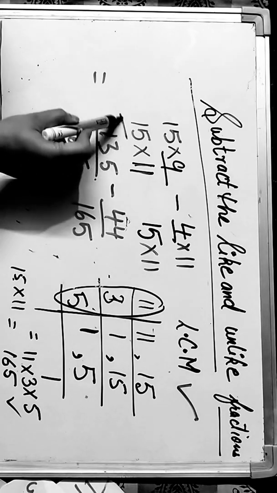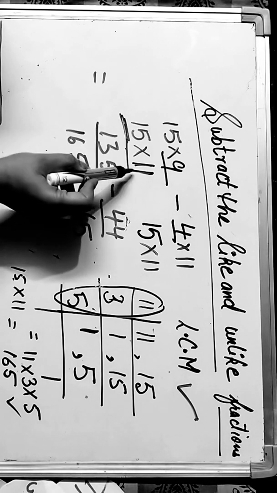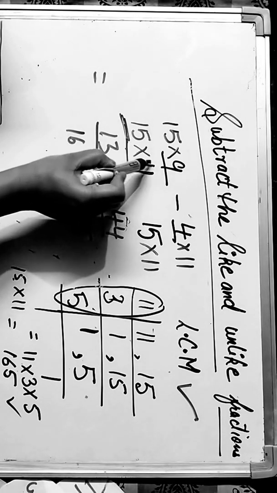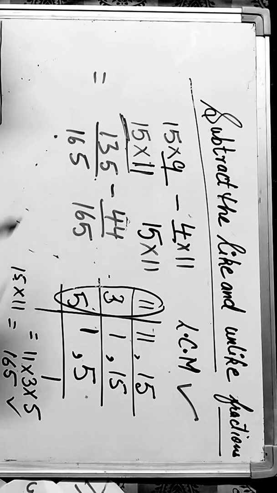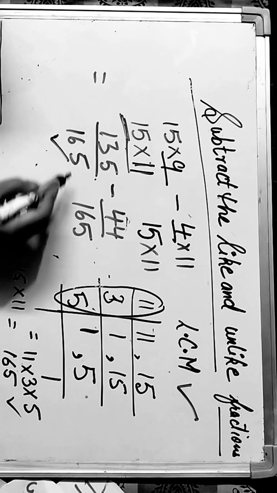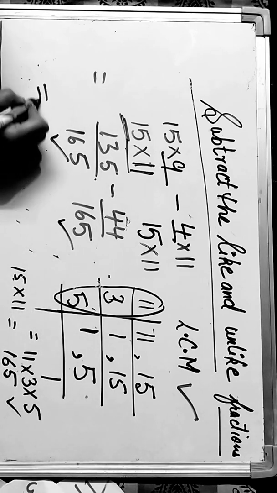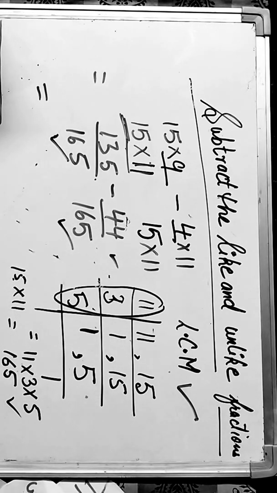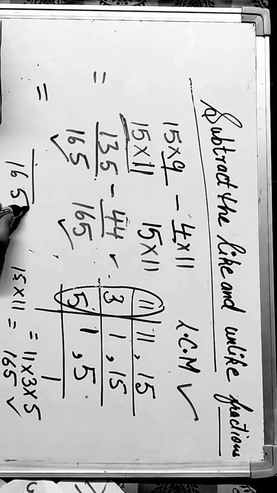We need to find out a number with which we should multiply the given denominator to make it equal to the LCM. We'll multiply with this, and then it's easy for us to subtract. What piece size are we getting after this? 1/165th is the piece size that we'll get.